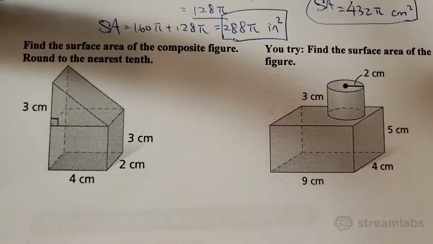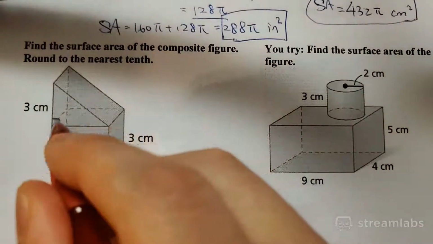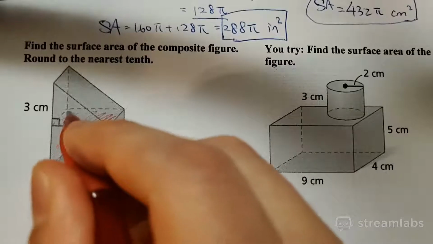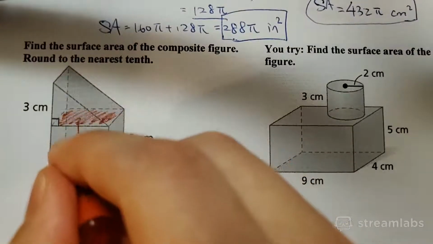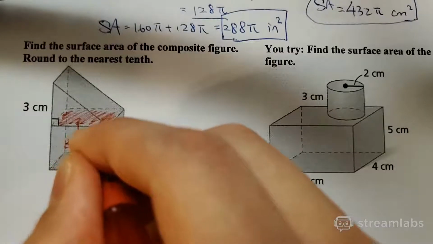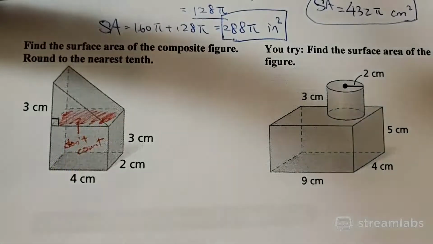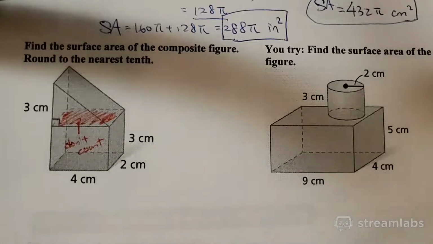Surface area is different because surface area has to be on the surface. So for example, you see this connection point right here? This part you don't count. Why? Well, it's not on the surface, so you need to take that part out of your consideration.